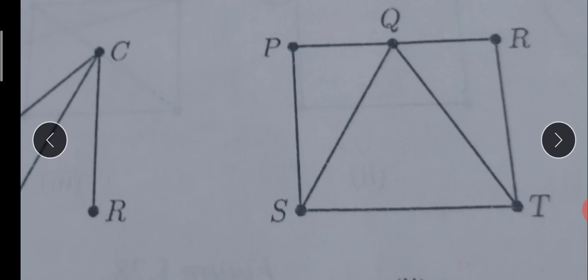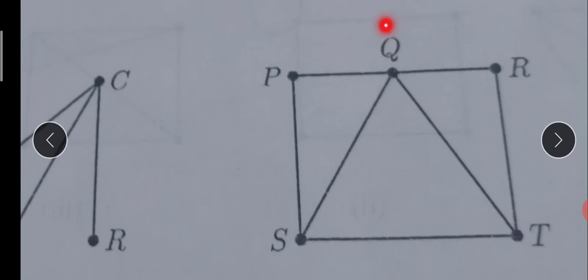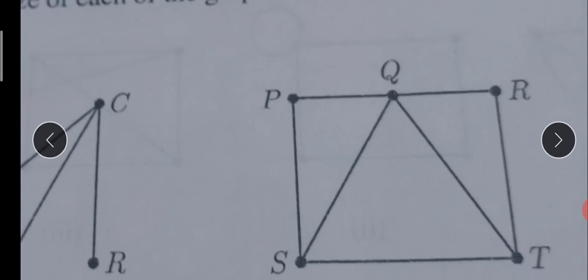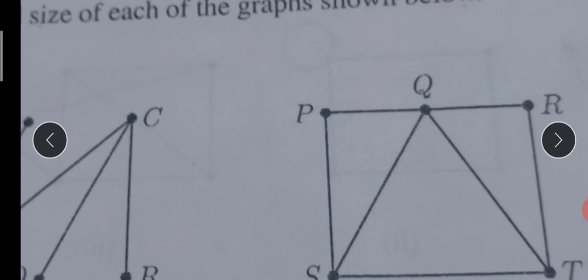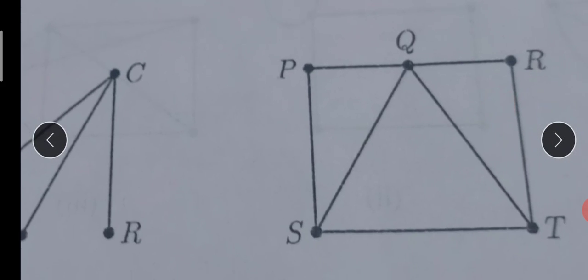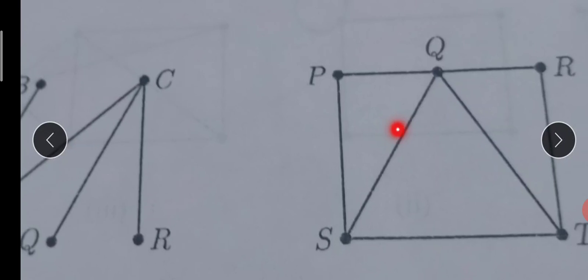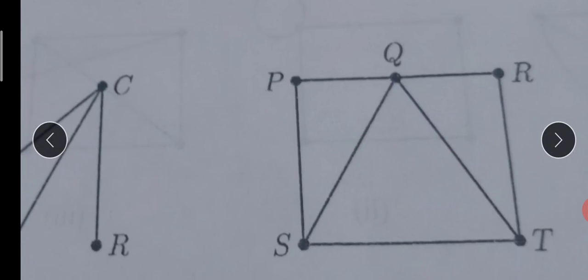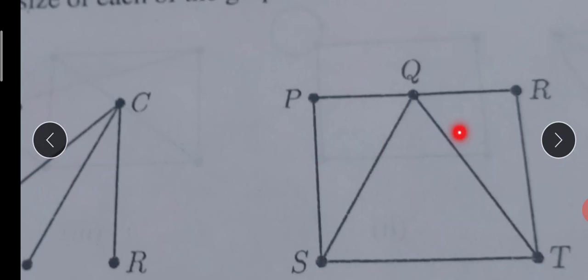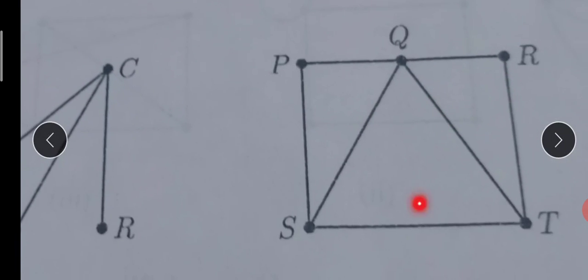Then come to this graph. How many vertices are there? P, Q, R, S, T. 5 vertices. Then how many edges? P to S, 1 edge. P to Q, another edge. Q to R, another edge. Then R to T, S to T, Q to S, Q to T. So 1, 2, 3, 4, 5, 6, 7 edges.